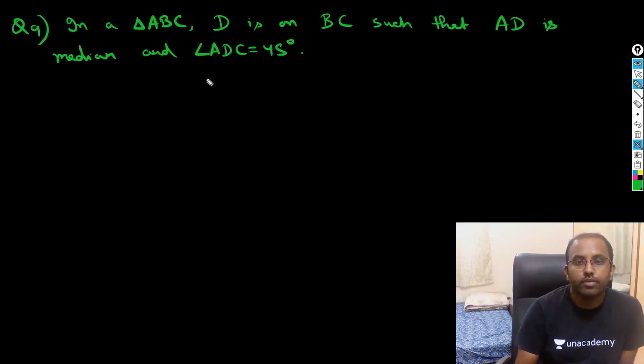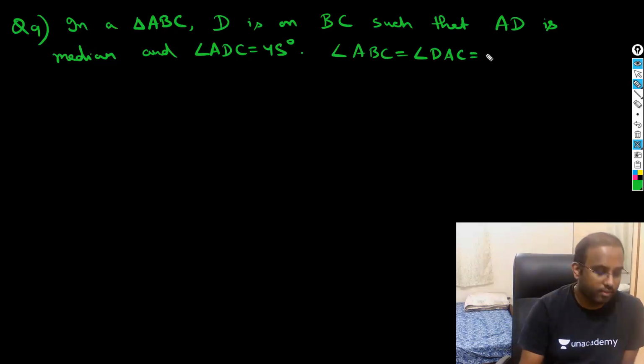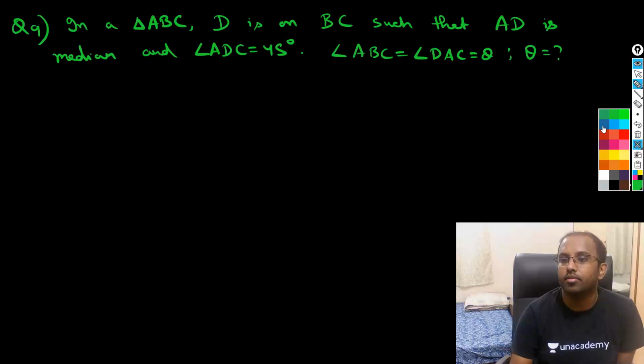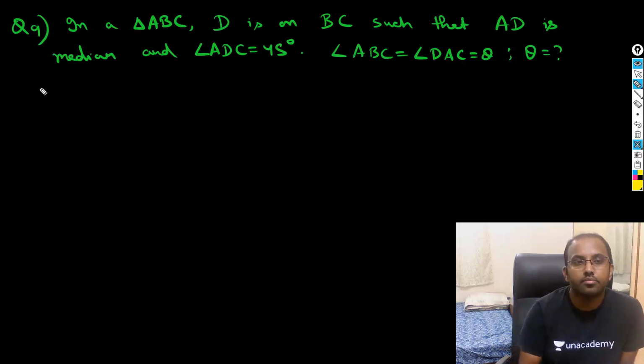It's also given that angle ABC is equal to angle DAC, which is equal to theta. I need to find the value of theta. What is the value of theta here?